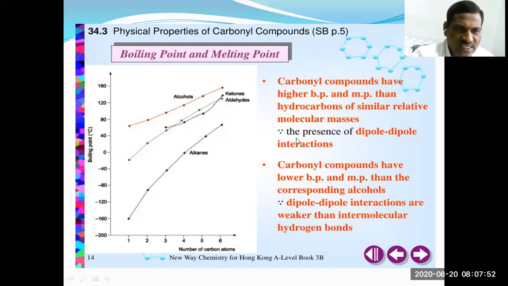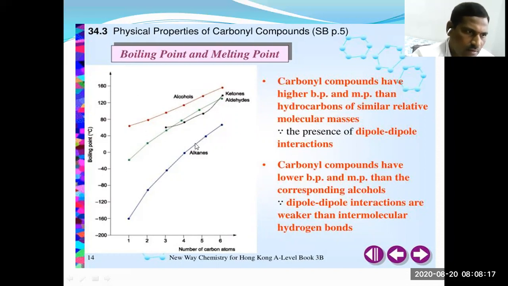The reason is the presence of dipole-dipole interactions in carbonyl compounds. So you can simply say carbonyl compounds have higher boiling points and melting points than hydrocarbons, but lower than the corresponding alcohols.